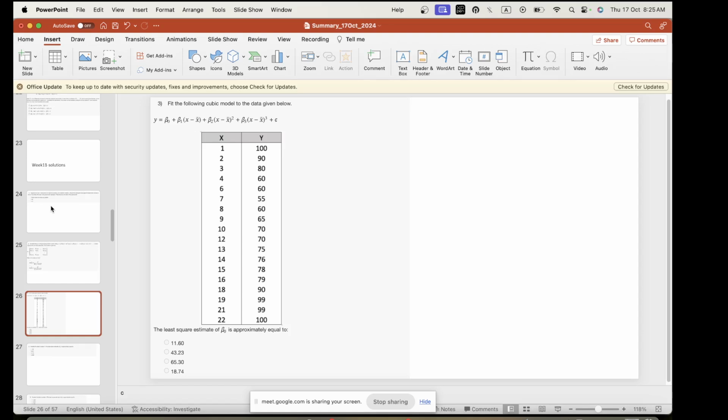Okay. So if we have this, the main question is to write down the model matrix, X matrix. So we should also find out X bar from this table. Would that be 22 into 23? No, it's not equally spaced, so we cannot do that. So just find out the mean.